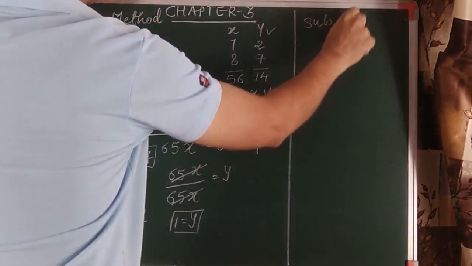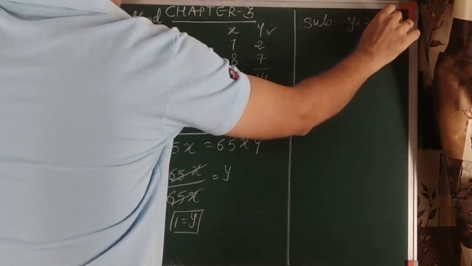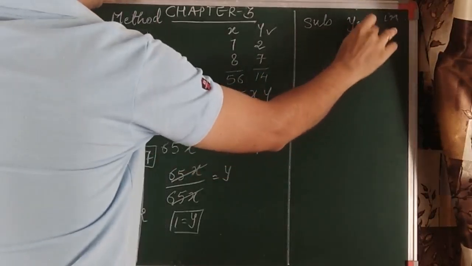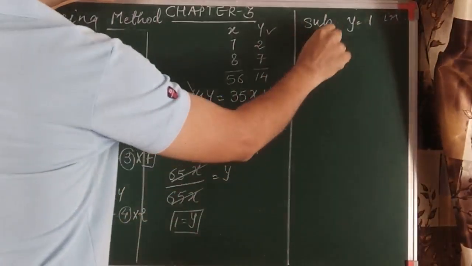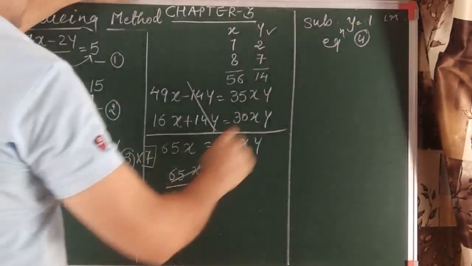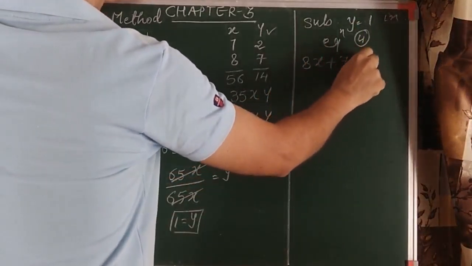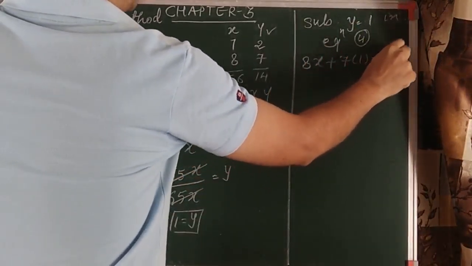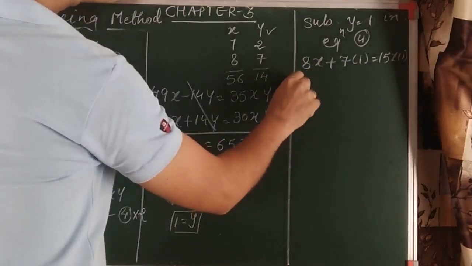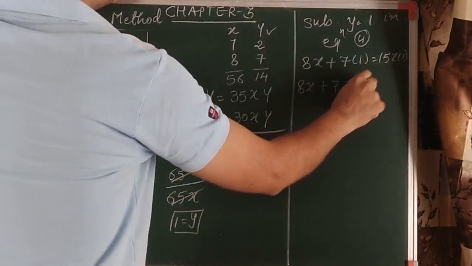Substitute the value of y in equation 4. Here I am substituting. So 8x plus 7y is equal to 15xy. So it is 8x plus 7 is equal to 15x.